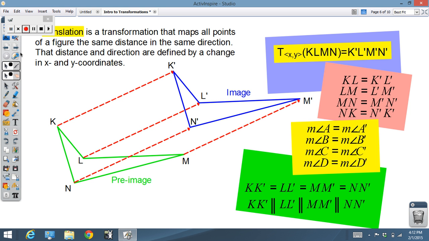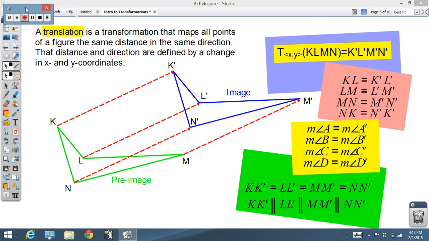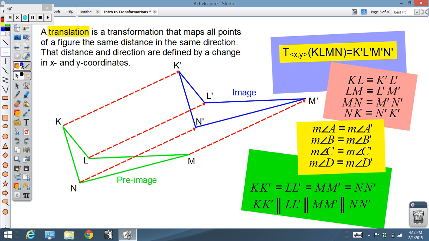A translation is a transformation that maps all points of a figure the same distance in the same direction. Let me give you a little idea of what we're doing here. Let me put a little purple line here. This direction is going to be defined by this right here, this XY thingy.